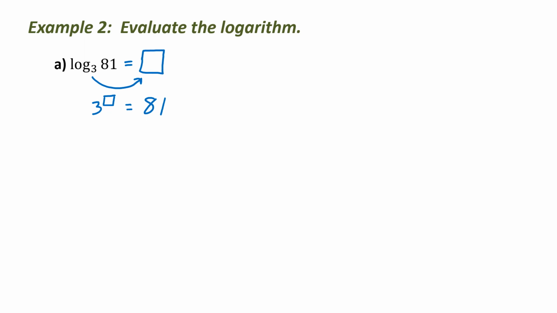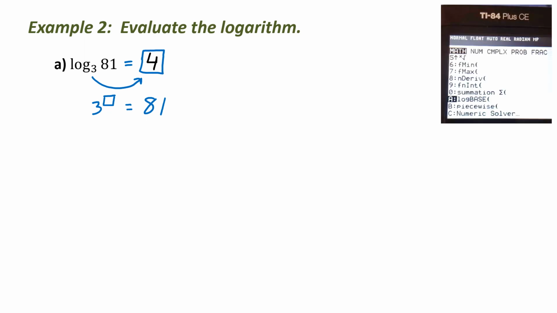So it's 3 times 3 times 3 times 3. Therefore the answer is 4. So final answer, 4. You could also use your calculator. If you have a TI-84, go to math and scroll all the way down, and if your calculator has that key log base, you can type in log base 3 of 81 and see what it equals.